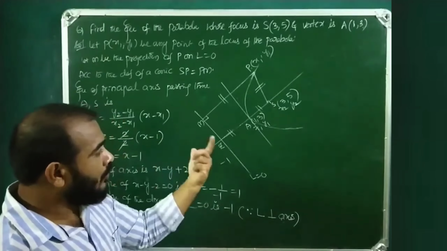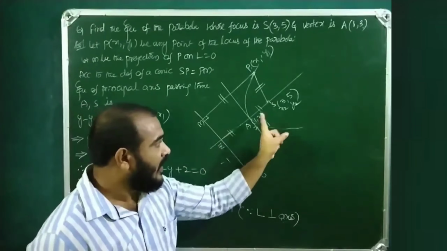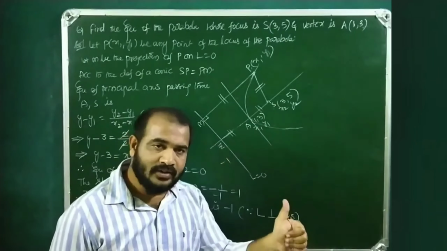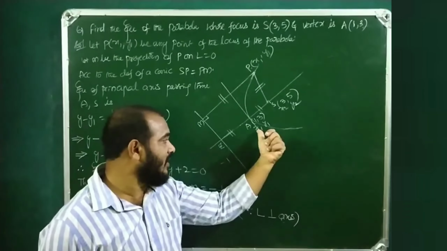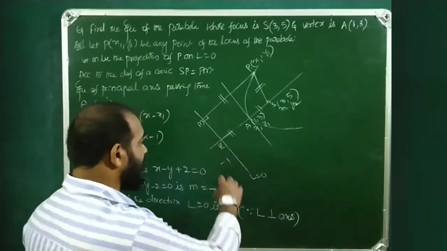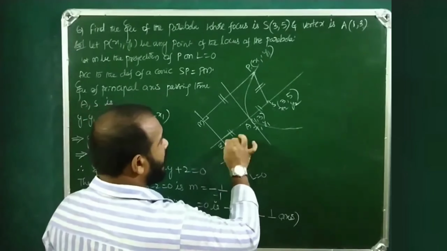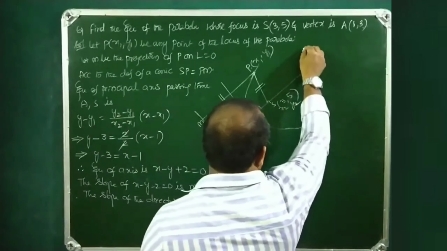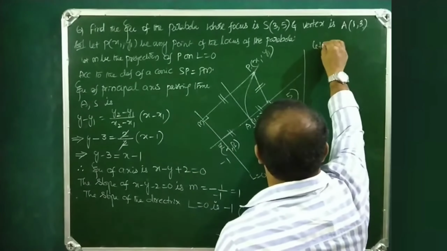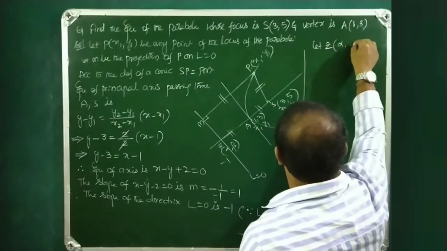We all know that Z, A, S are collinear points and A bisects ZS. That means A is the midpoint of ZS. Let Z be (alpha, beta).